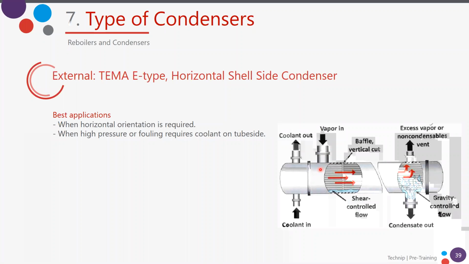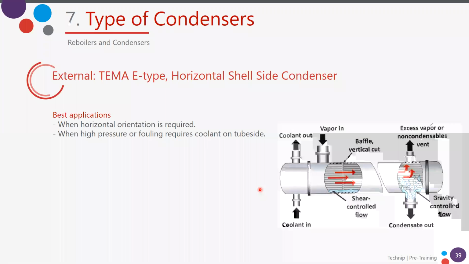The best applications of these kinds of condensers are when horizontal orientation is required, and also when high pressure or fouling requires the coolant on the tube side.